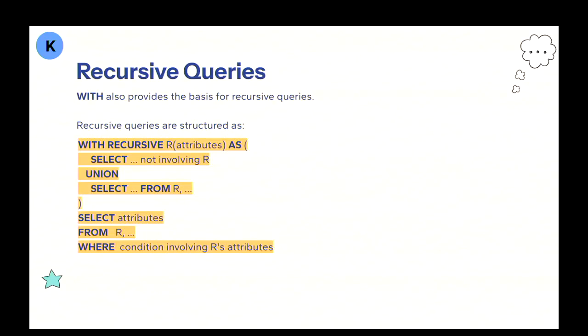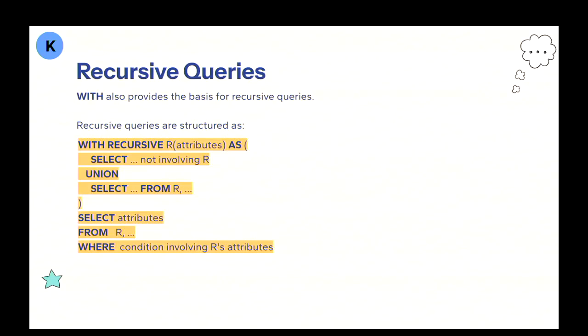So recursive queries are structured like this. The keyword here is still with, followed by recursive, followed by the name of the temporary relation.